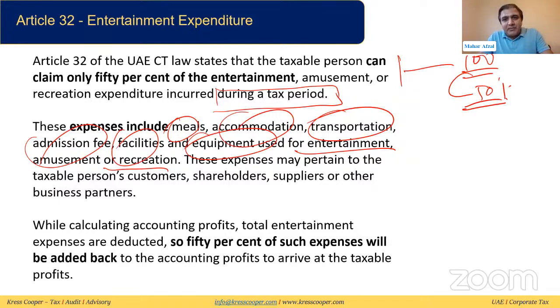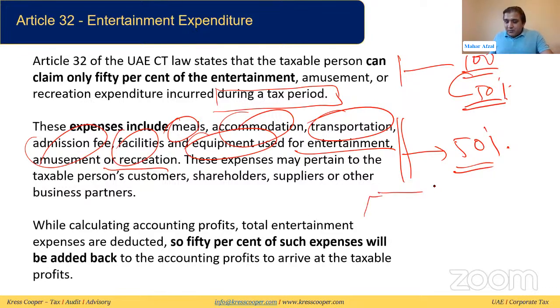If the taxable person is paying any such expenses for the customer, shareholder, supplier, or business partner, then the generic principle is you can claim only 50% of these expenses, and the remaining 50% you cannot claim.